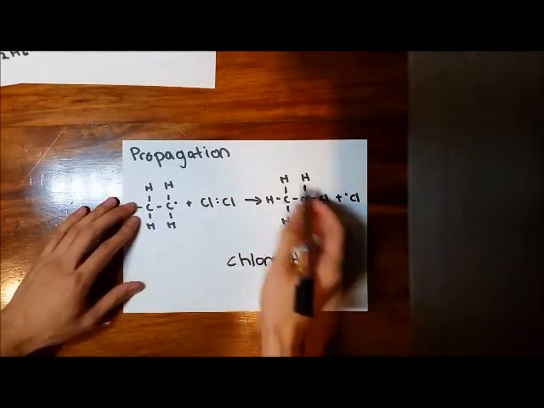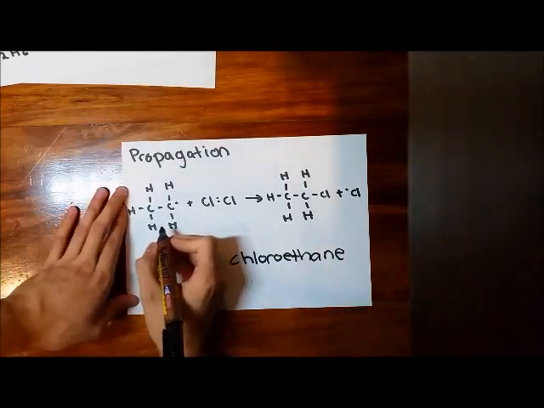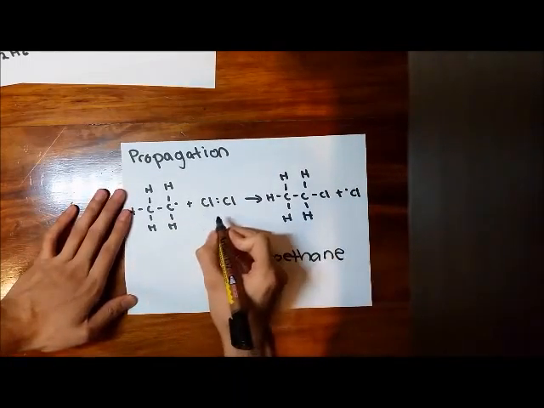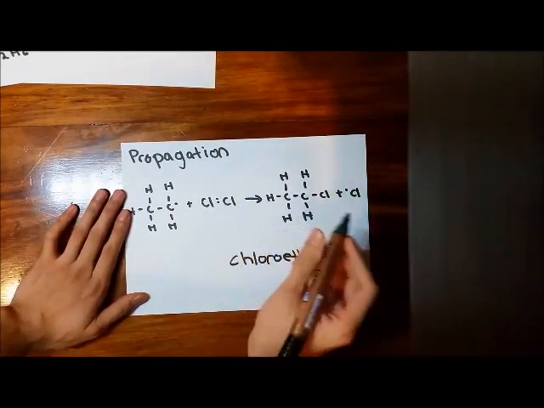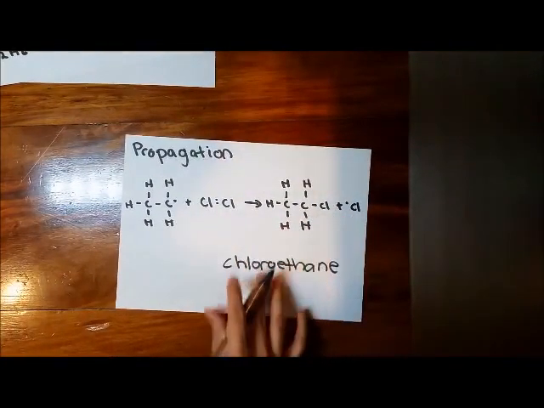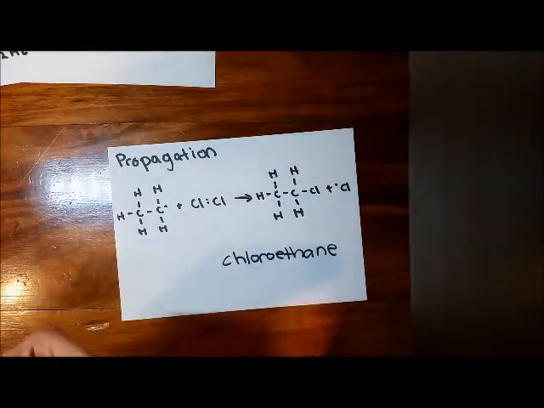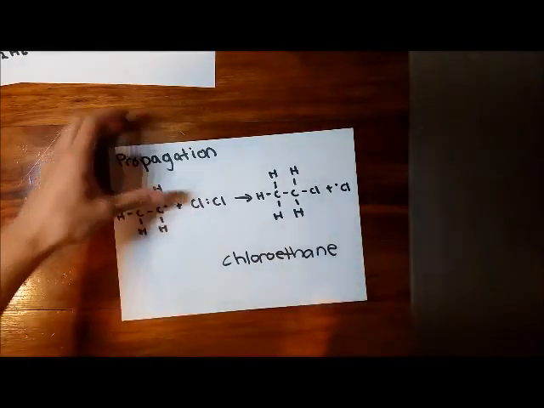And this is the molecule that we produce, right? Our ethyl free radical reacts with a chlorine molecule, creating our chloroethane plus our chlorine free radical. And thus this is how we get our halogenoalkane from the alkane. However, this is not the end.